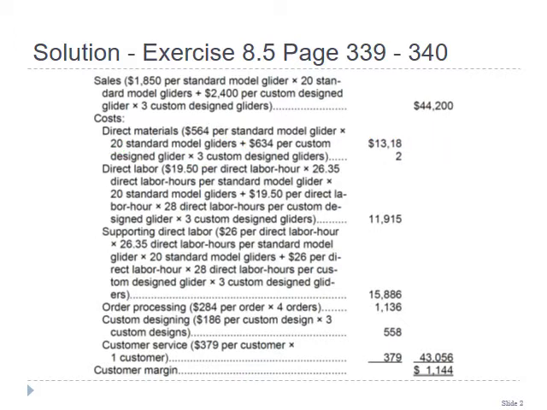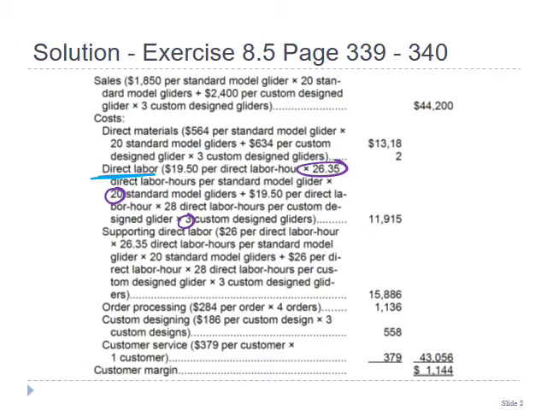Okay, now calculating the direct labor is a little bit tricky, so I hope I can make you understand this tricky part. We know that we ordered 20 standard model gliders and 3 custom design gliders, right? So how many hours are spent to make one standard one? 26.35 hours are used to make one standard model glider.